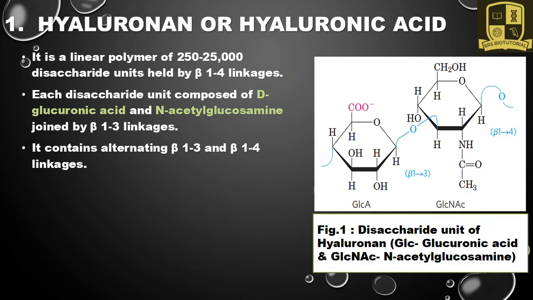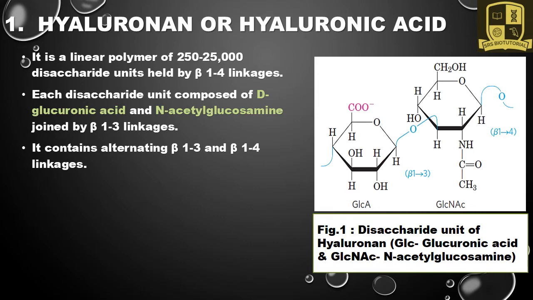Hyaluronic acid. It is a linear polymer of disaccharide units held by beta 1,4 glycosidic linkage. Each disaccharide unit is composed of D-glucuronic acid and N-acetyl glucosamine joined by beta 1,3 glycosidic linkage. It contains alternating beta 1,3 and beta 1,4 glycosidic linkages.